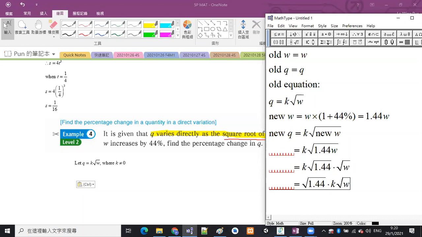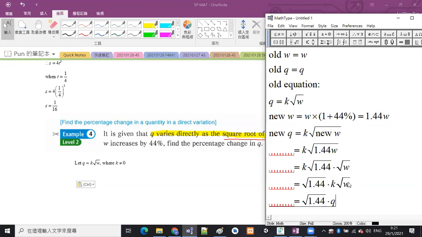And then this K square root W is equal to this K square root W. Can you see this? And this K square root W is equal to Q. Okay? So we just change this to Q. It's 1.44 times Q. Okay?